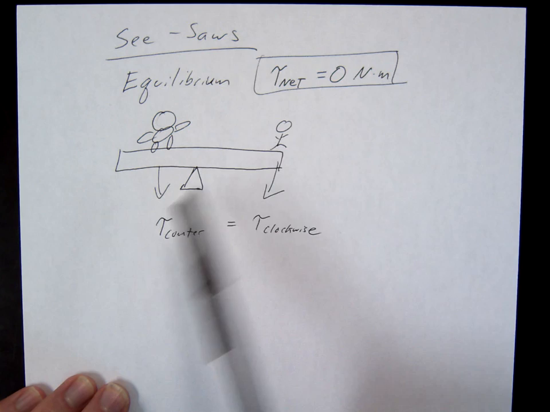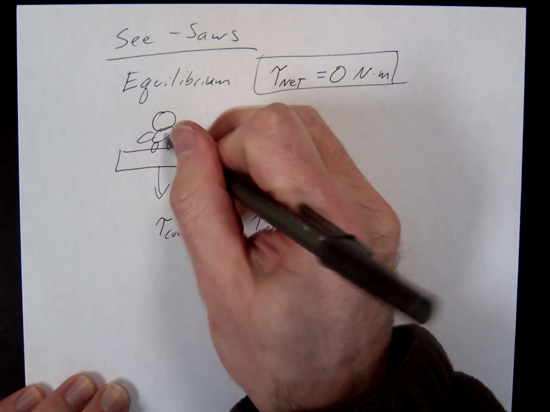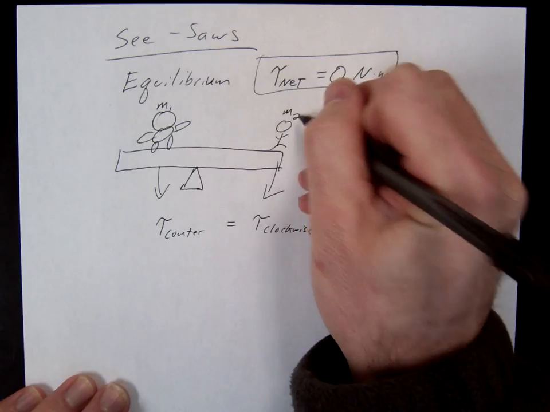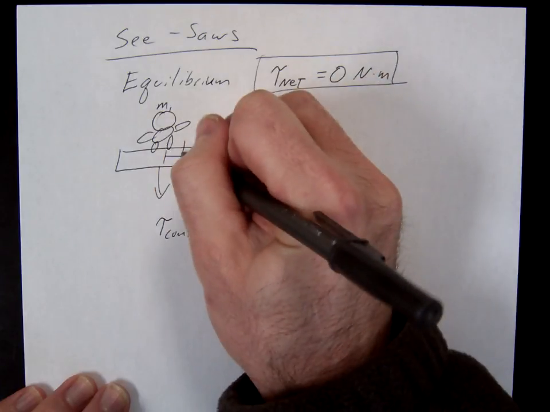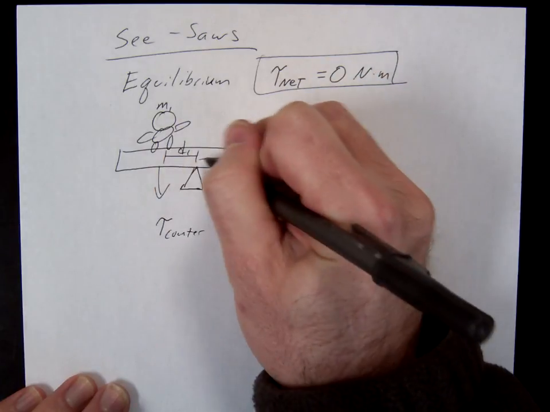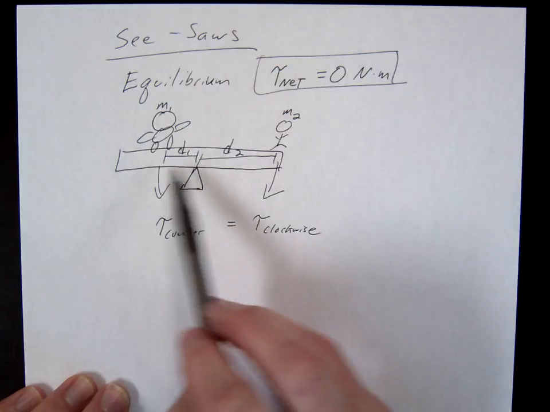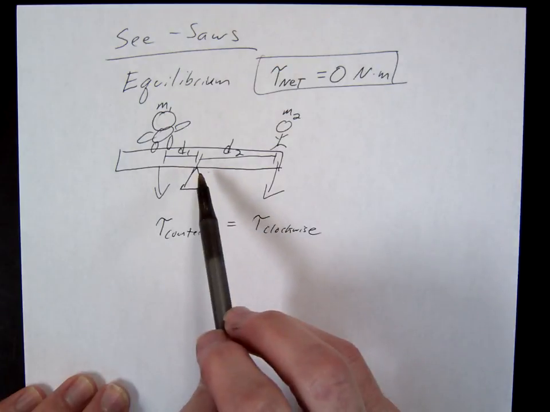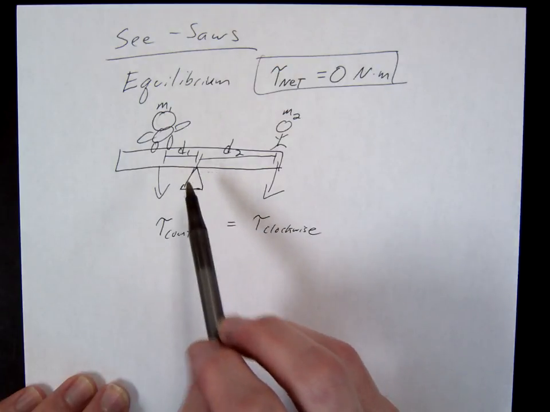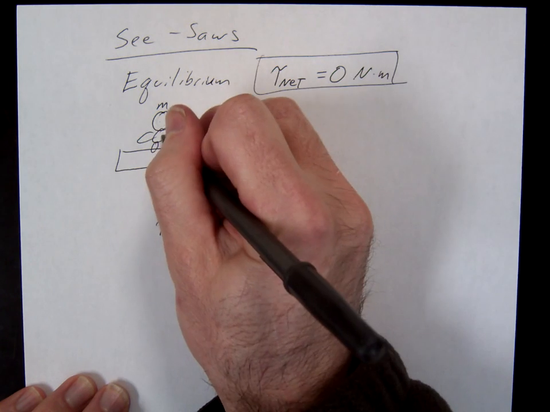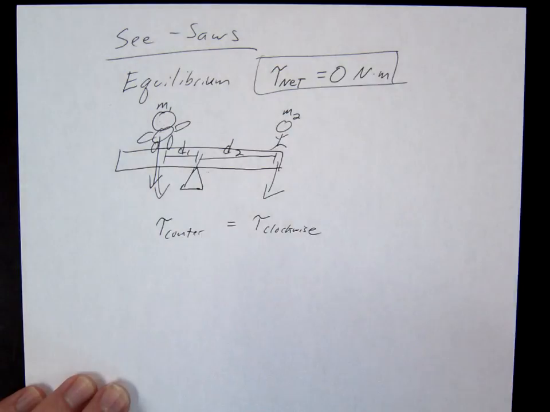So if we want to put this in formula form, how much torque is Dad going to apply? We'll call him M1, we'll call this guy M2, D1 and D2. Well, what's Dad's torque going to be? He's not applying a force of M, he's applying a force of how much?